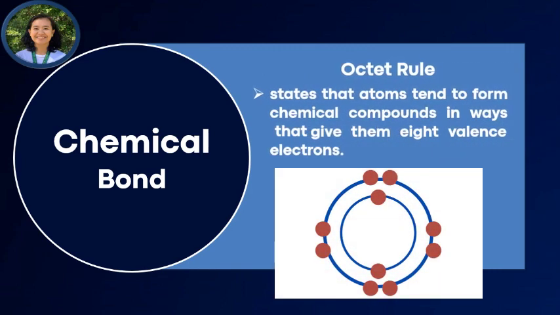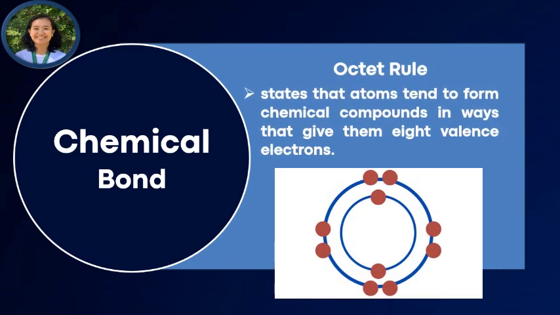In chemical bonding, we follow the rule named the octet rule, which states that atoms tend to form chemical compounds in ways that give them 8 valence electrons, which means that an element should have 8 valence electrons in a bond to ensure that the atom is stable.